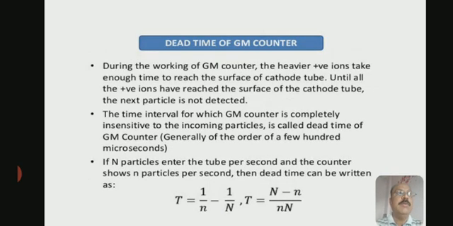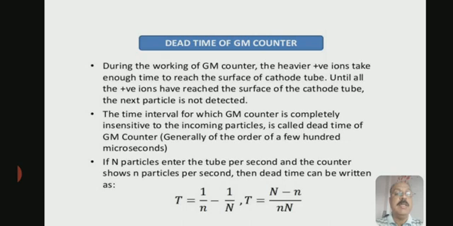Then we find the dead time of the GM counter. During the working of the GM counter, the heavier positive ions take enough time to reach the surface of the cathode tube. Until all the positive ions have reached the surface of the cathode tube, the next particle is not detected. The time interval for which the GM counter is completely insensitive to incoming particles is called the dead time of the GM counter.